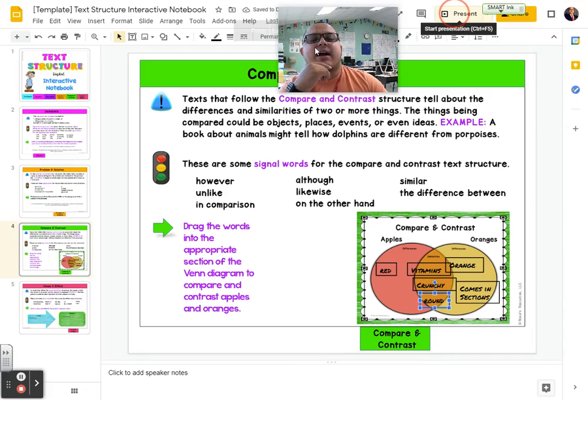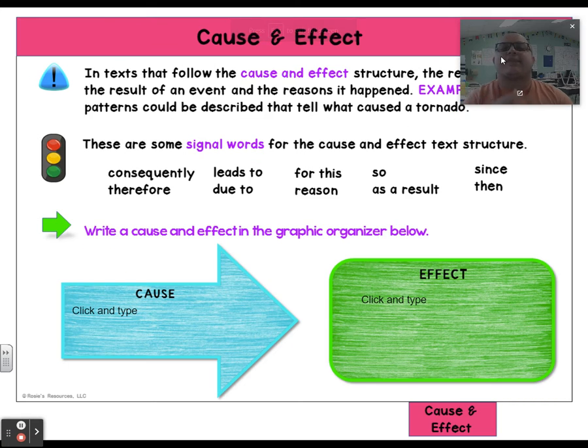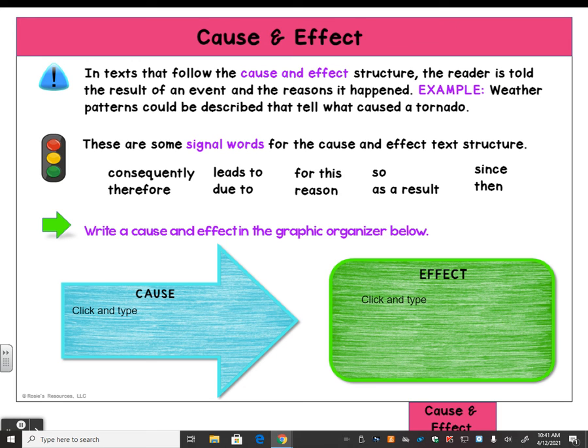And last but not least, let's look at the final one. The final one is cause and effect, and we've talked about cause and effect for a very long time. In texts that follow the cause and effect structure, the reader is told the result of an event and the reason it happened. For example, weather patterns could be described that tell what caused a tornado.